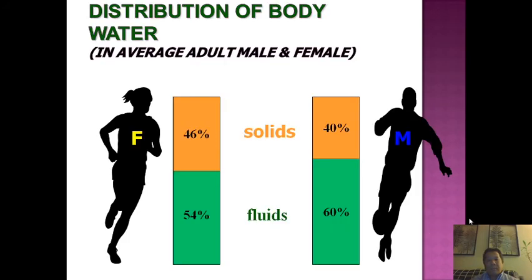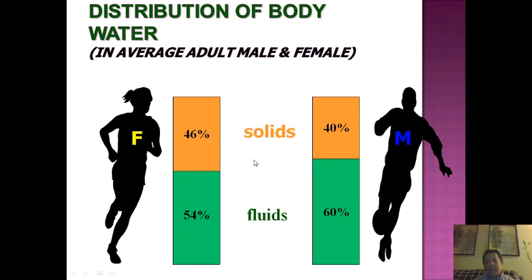If you compare the distribution of body water between an average adult male and an average adult female, you would notice that an average adult female will have about 54% of their body weight attributed to fluids and only 46% to solids.